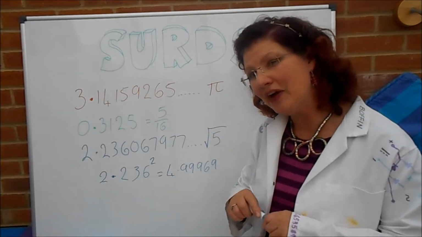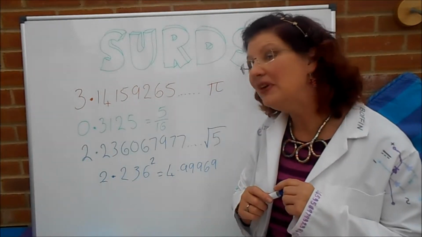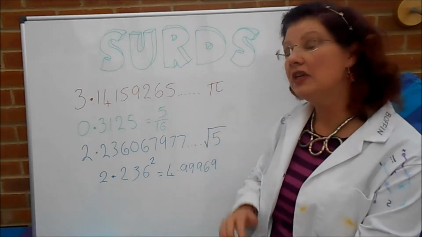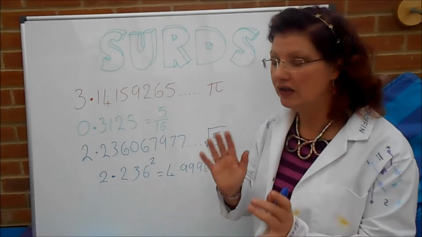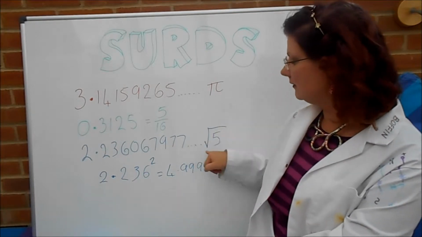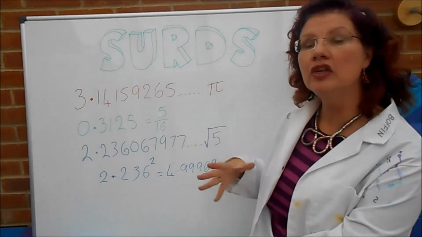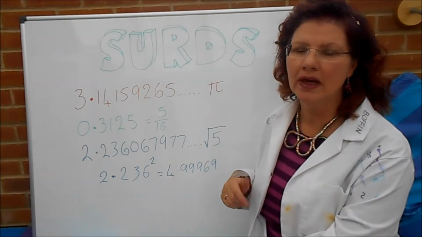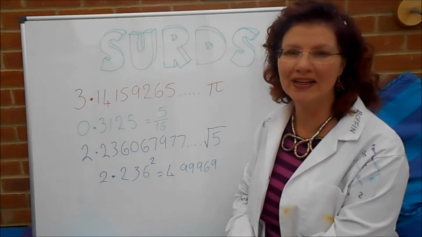Which is very nearly 5, but it isn't. Whereas if you take the square root of 5 and square it, you get 5. So this is a surd. It's a number written in square root form, and the reason we do it is because it's more accurate.